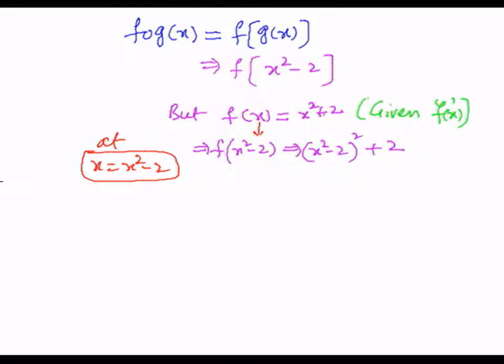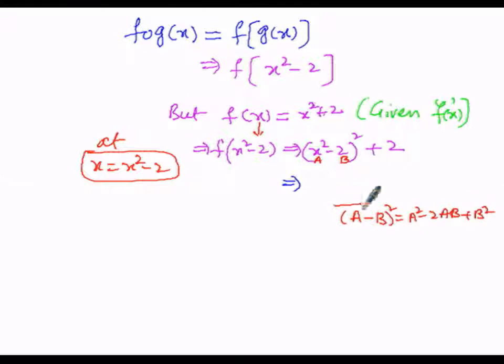Then the next logical step: it is in the form of a minus b whole square. When we assume x square as a and 2 as b, it is in the form of a minus b whole square. Based upon this special product, a minus b whole square equals a square minus 2ab plus b square.